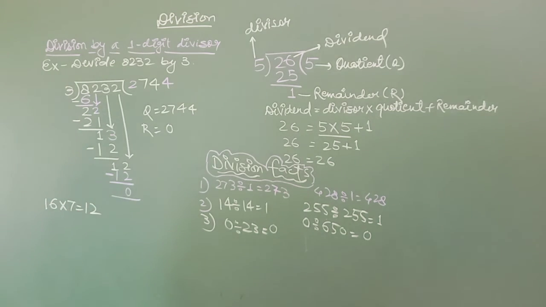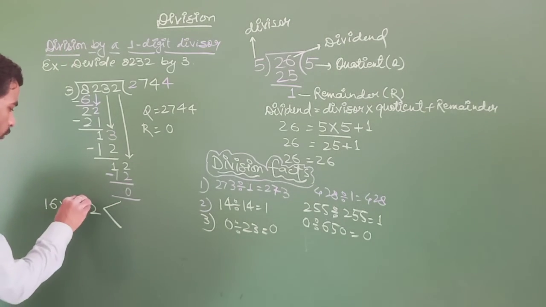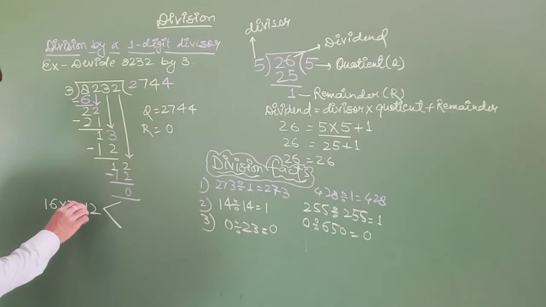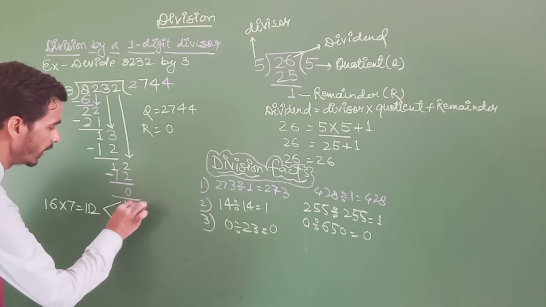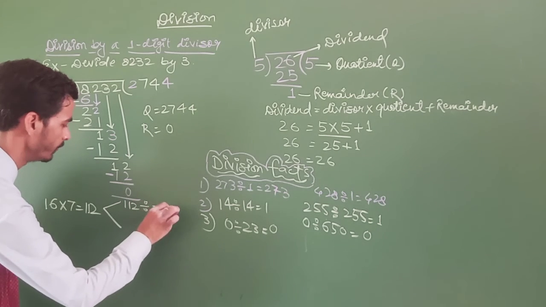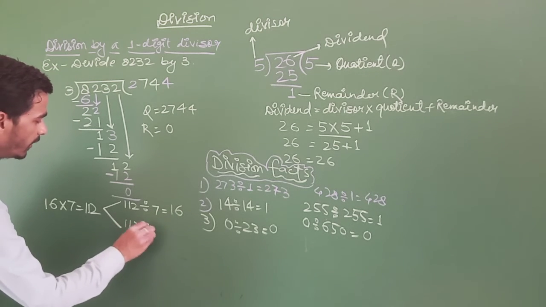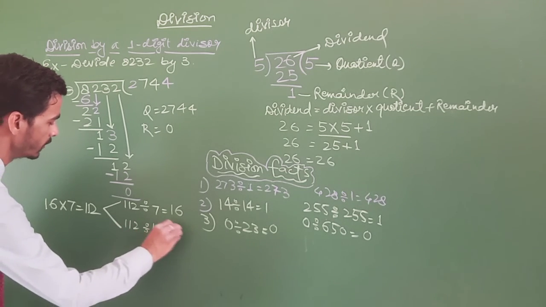The division facts will be: 112 divided by 7 is equal to 16, and second, 112 divided by 16 is equal to 7.